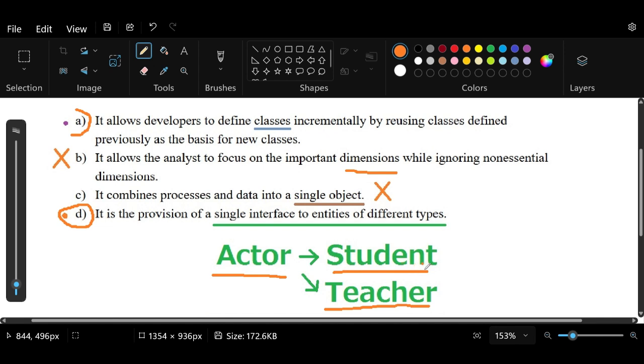And of course, if a student would have its own behavior, its own attributes, then that is also well and good. And of course, if it's a student's behavior and attributes, the teacher won't have those as well. Okay? And of course, if they share those, then those would be in the actor.